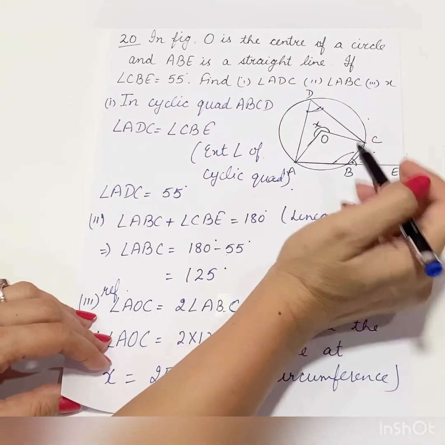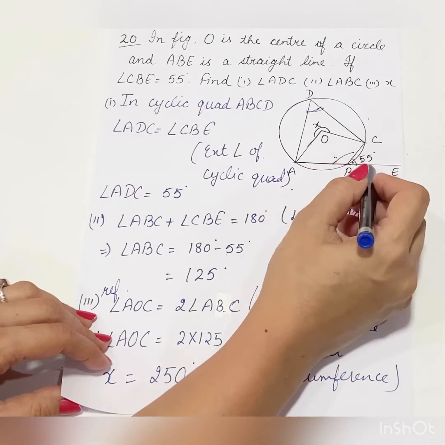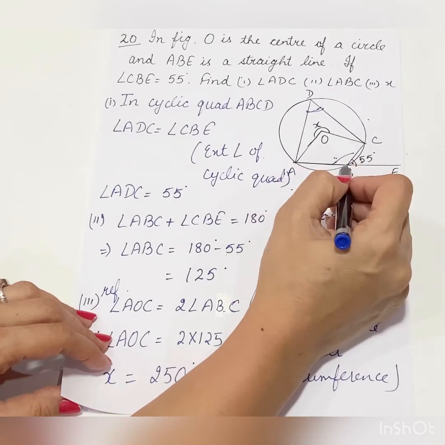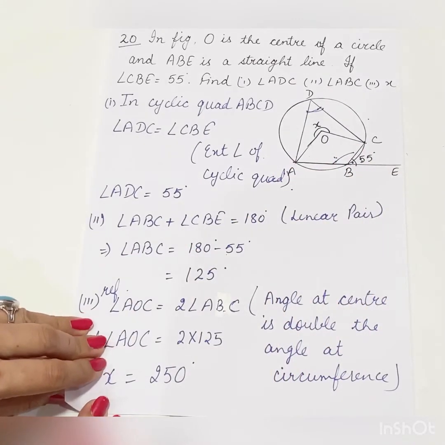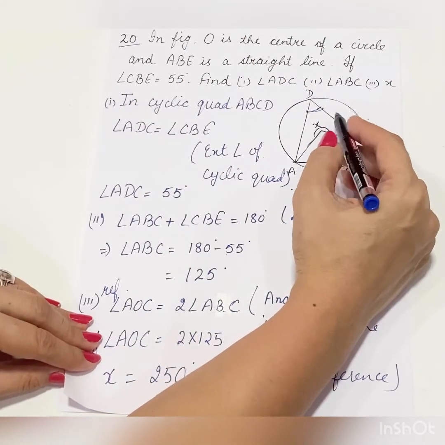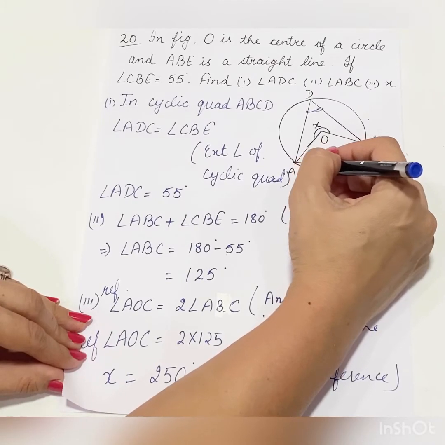Clear? Second, these two are supplementary angles. They are angles on a straight line. So their sum is equal to 180 degrees. So that gives you angle ABC is equal to 125 degrees. Clear? And for the third part, when we have to calculate the value of x, I am taking AC as an arc.